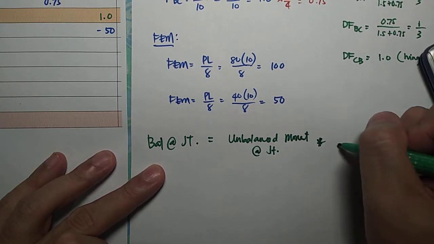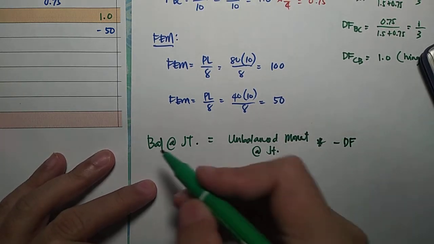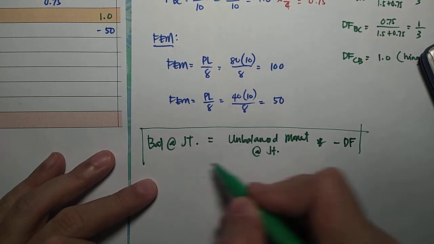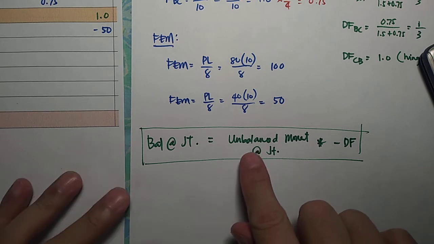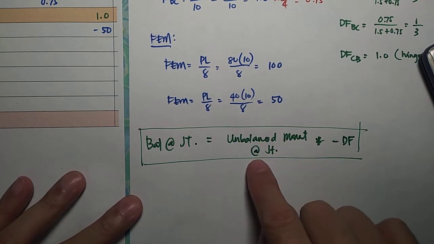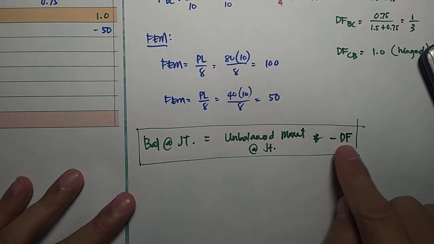Tapos i-multiply natin siya ng negative ng DF. So, ganyan ang pagkuha ng balance at a joint. I-compute mo muna yung unbalanced moment sa joint, tapos i-multiply mo siya ng negative of the DF.